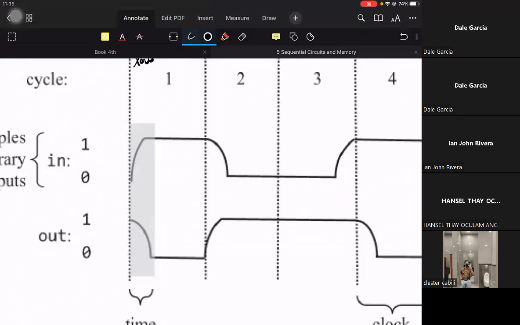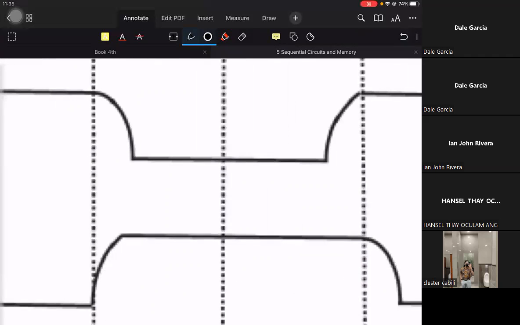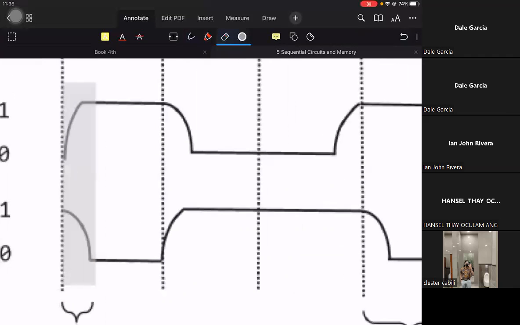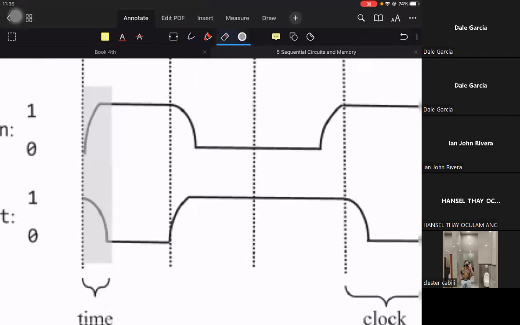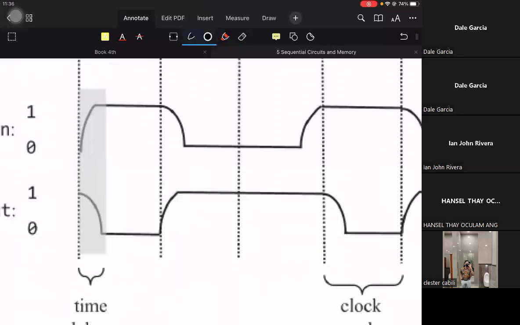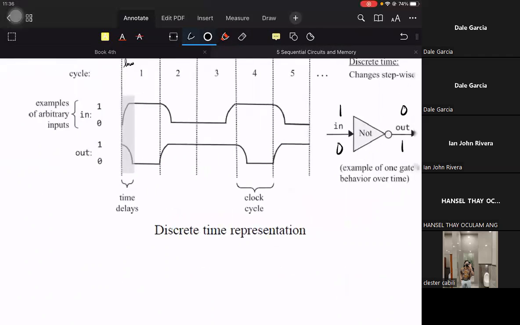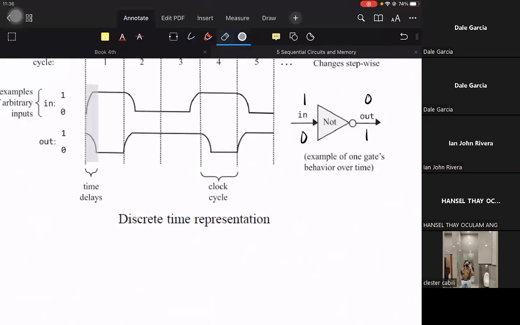After the shaded gray part, it is defined: the input is already high and the output is already low. Clear and defined. What is not clear and not defined is the delay part. So how will we solve that? How have designers solved that throughout the years of designing logic circuits?